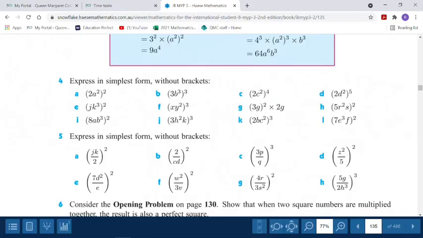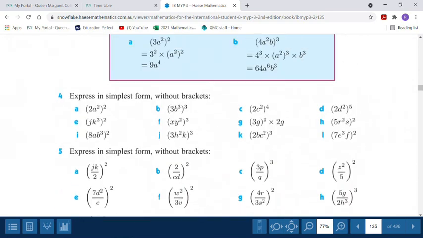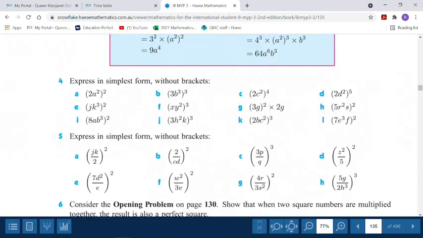All right, let's see what else they do to you. I think it's pretty much the same stuff. Don't worry about number 6. So here, just expand it and multiply all the pieces. So say we have w to the second over 3v raised to the second power.